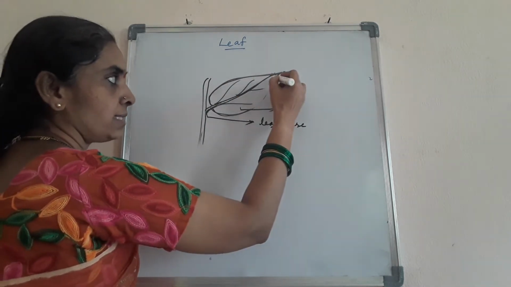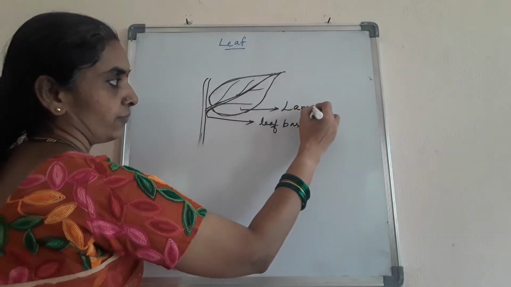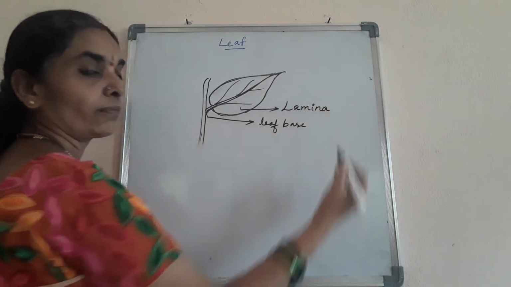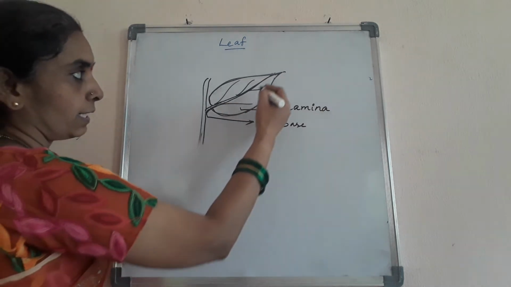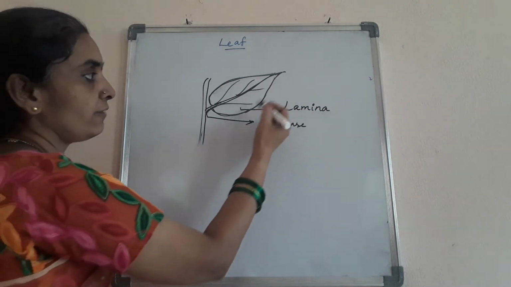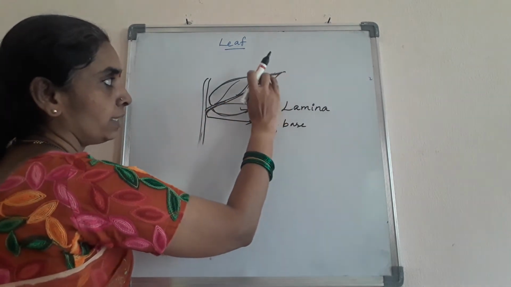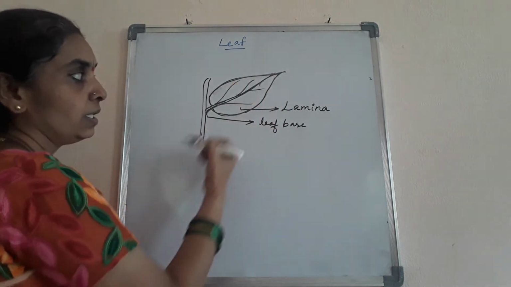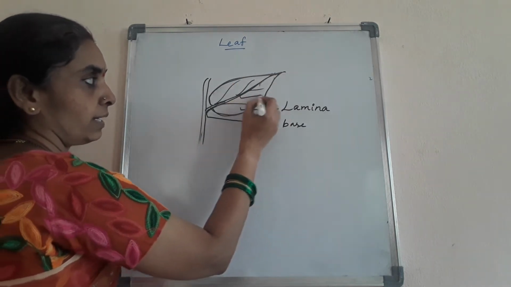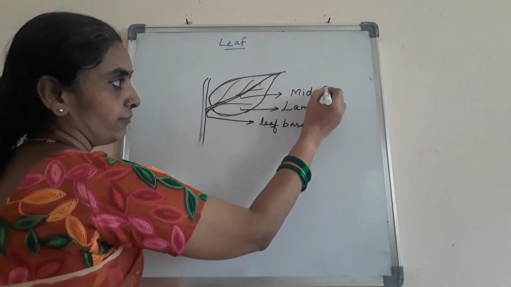What is it called? It's called the lamina of the leaf. Is it clear? The broader part of the leaf or the expanded part of the leaf is called leaf lamina. And the center part, the long vein that arises over it, is called the midrib in the center of the leaf.